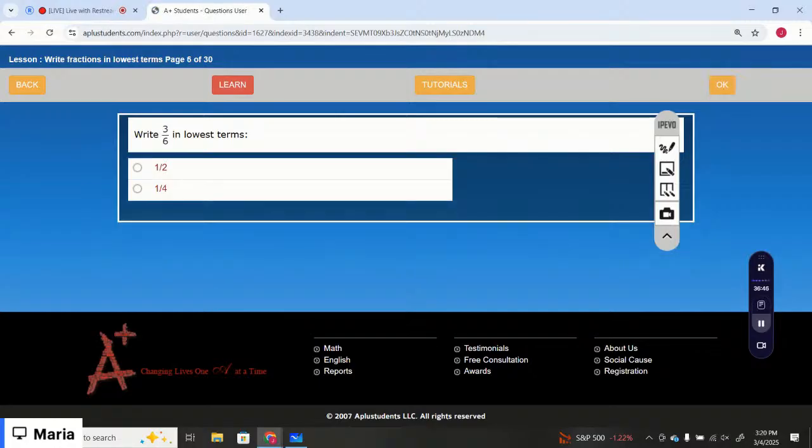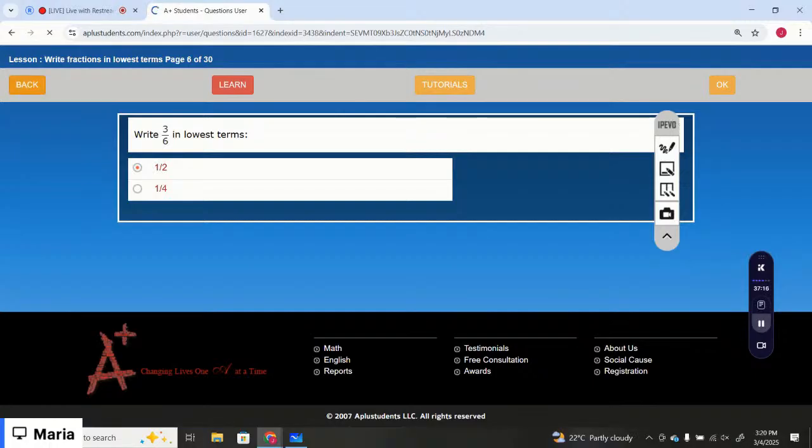Write 3 by 6 in the lowest term. Is 1 over 2. Okay, you can complete the lesson by yourself for today.